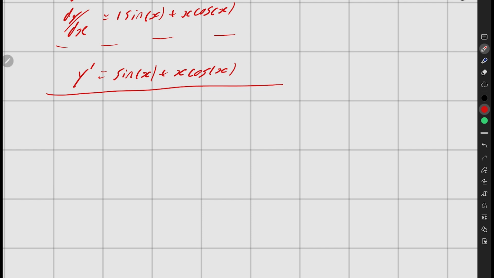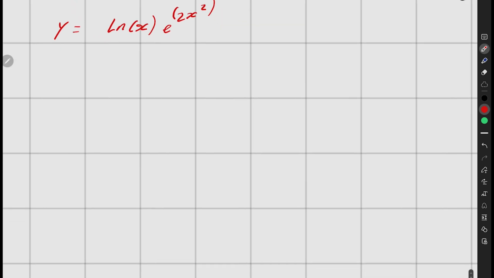So let's move on to some more complicated problems. I want you to pause the video and give these a go yourself. Let's say, for example, we had y equals ln of x times e to the 2x squared.